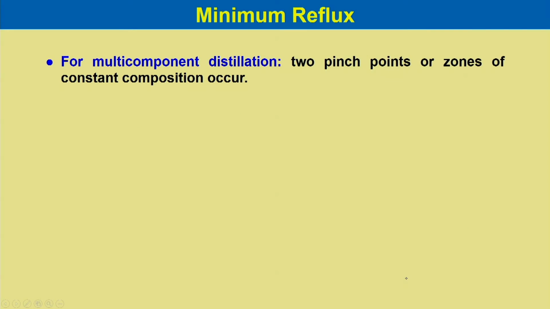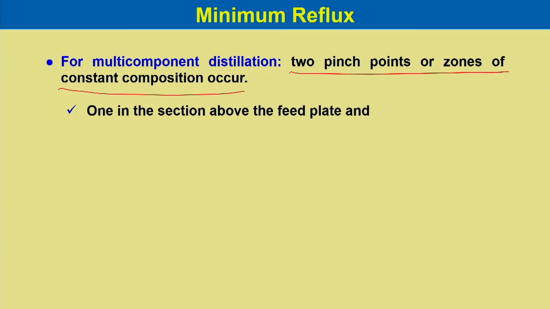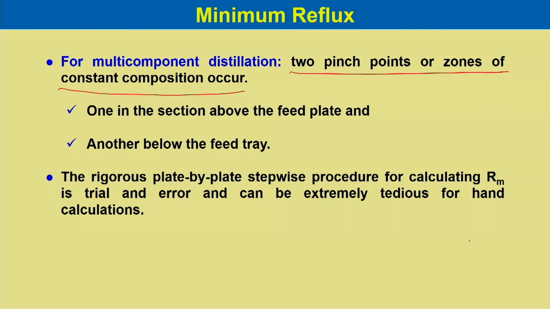For multi-component distillations, two pinch points or zones of constant composition occur, one in the section above the feed plate and another below the feed tray. The rigorous plate by plate stepwise procedure for calculating R minimum is trial and error and can be extremely tedious for hand calculations.